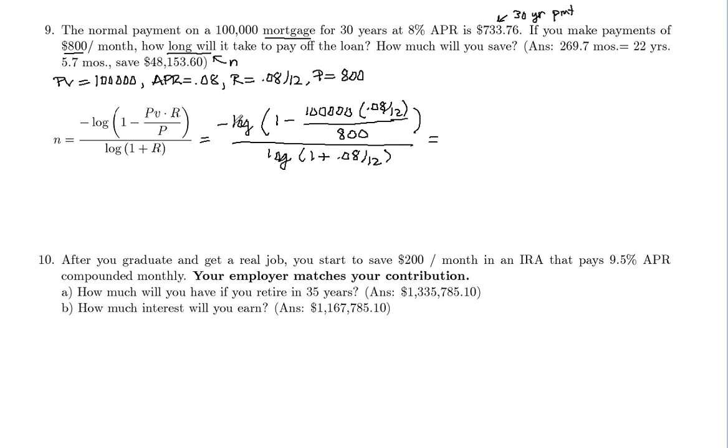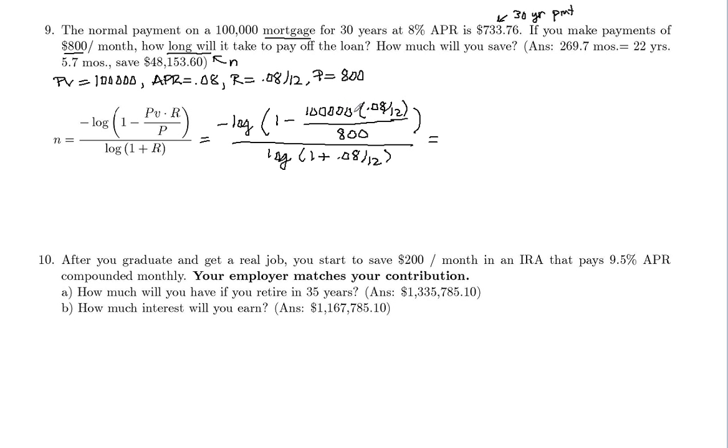Be careful with the logs here. I would recommend calculating the inside first and then taking the log of that number. But if you want to just use extra parentheses, that's okay. So if you do 0.08 divided by 12, you get 0.006 repeating, and then times 100,000.